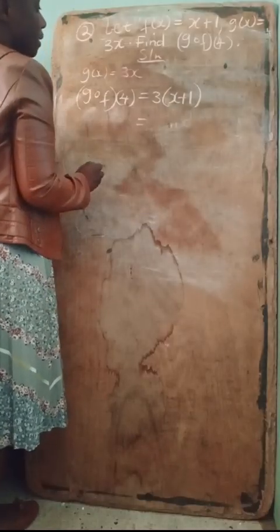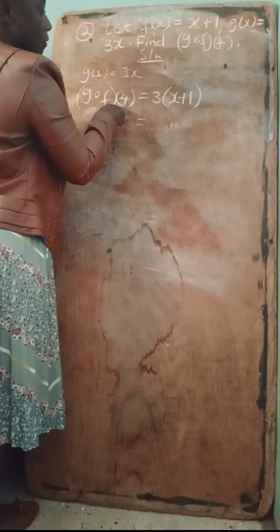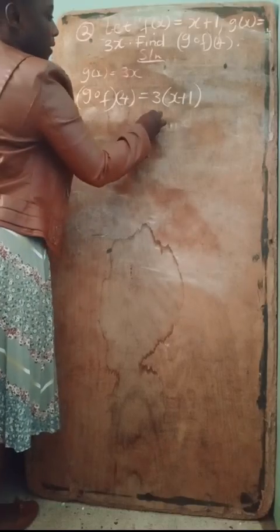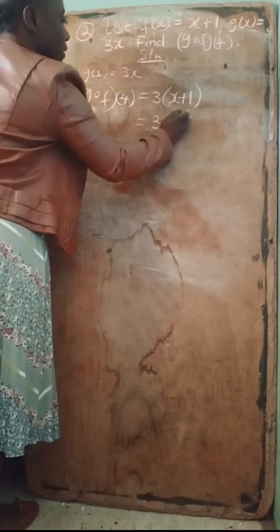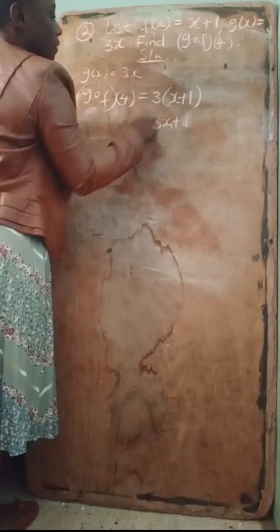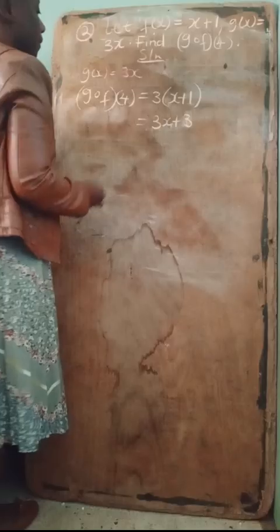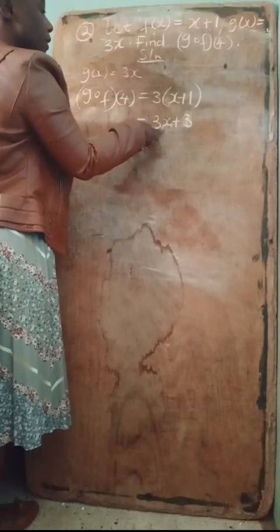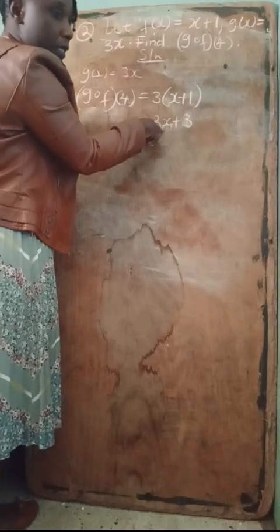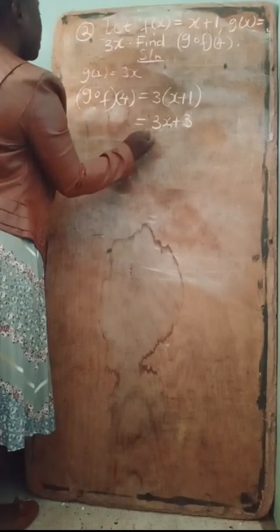So before we even put this 4, we have to simplify first. So we're going to say 3 times x is 3x, 3 times 1 is 3, so 3x plus 3. Now, where there's x here this time around, we're not going to leave it the way it is. We are going to put the figure that we are given, which is a 4.